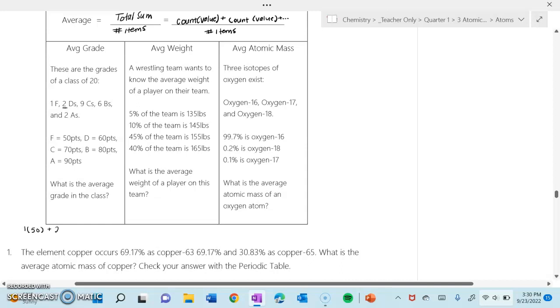Then we have our 2 count for value of 60, that's our D. Then we have 9 C's, which is a value of 70, plus 6 B's, a value of 80, and 2 A's, which is a value of 90. Then we divide by how many there are. There are 20 grades. So if we put that into our calculator, we get 75 points is the average grade.